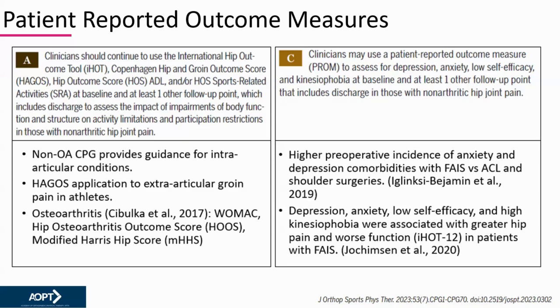So this evolving literature now allows us to make a recommendation that we should look at these characteristics, because they may affect your intervention choices and the ultimate outcome of treatment for these individuals.